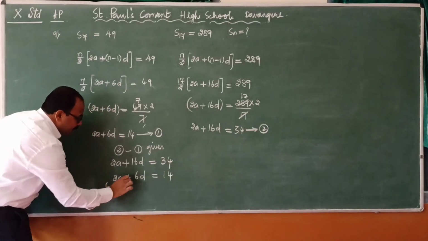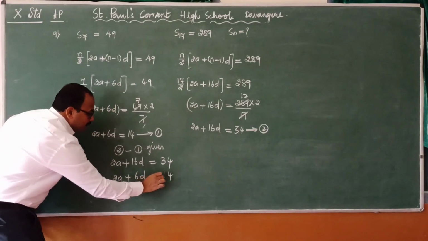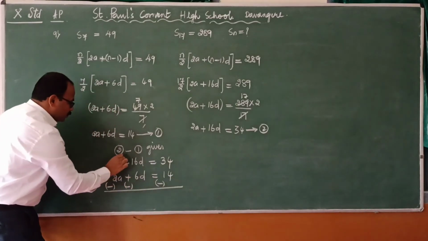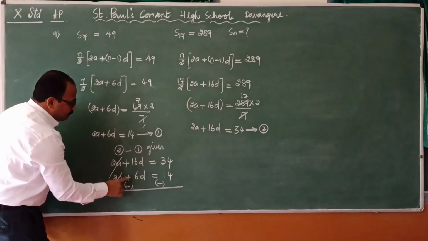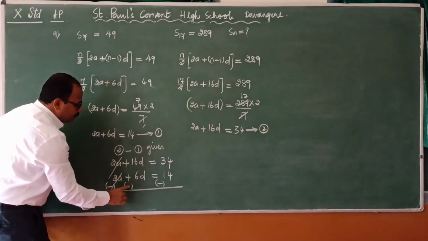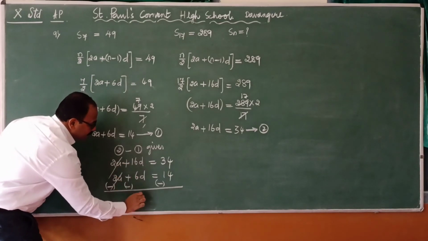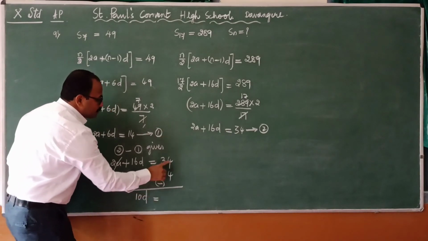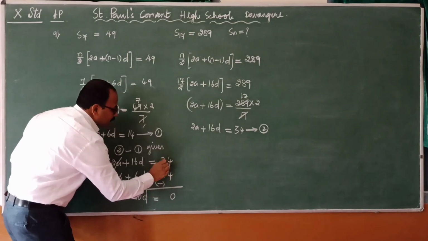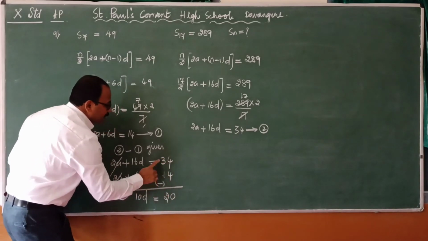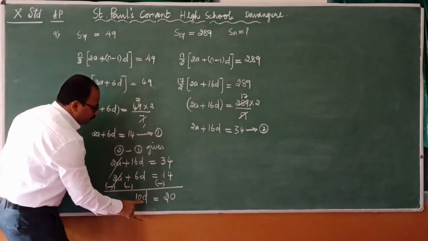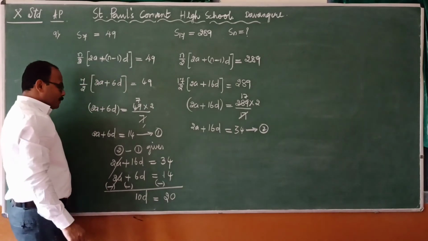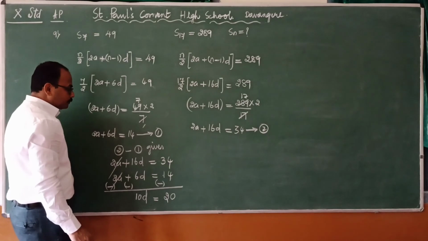This becomes minus, this also minus, this will become minus. 2a minus 2a cancels. 16 minus 6 becomes 10d, which will be equal to 34 minus 14, that is 20. Therefore, d is equal to, by cross multiplication, 10 comes there, children. Therefore, d is equal to 2.